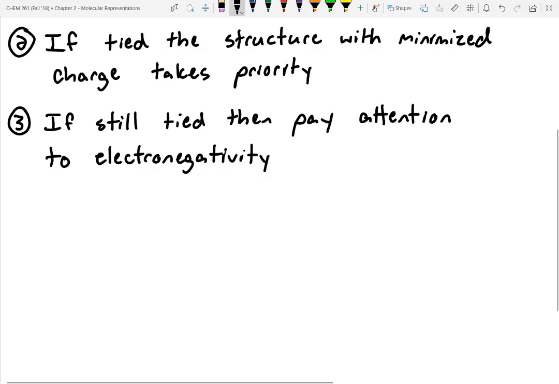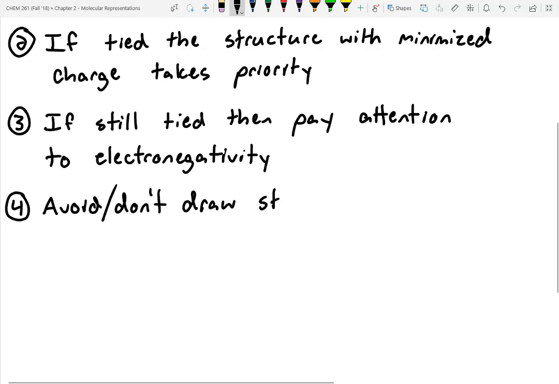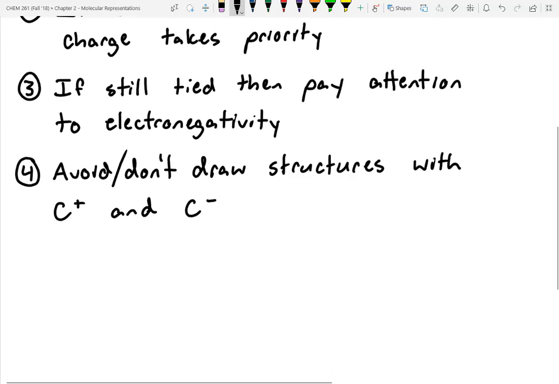And then 4 is an important one. Avoid, don't draw, structures with a carbon that's positive and a carbon that's negative. You don't typically want to show that, and I'll show you why.